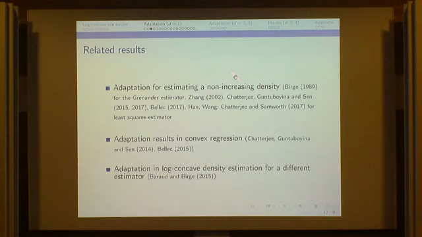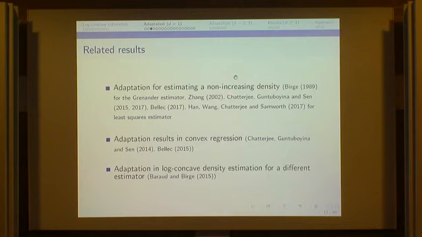I talked about Grenander in almost the first slide, and Birgé proved the adaptive property of the Grenander estimator in 1989, and after that, people have considered other estimators and adaptive properties for the multivariate cases as well.